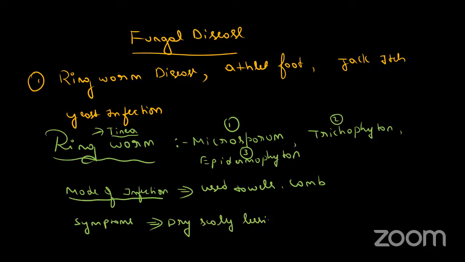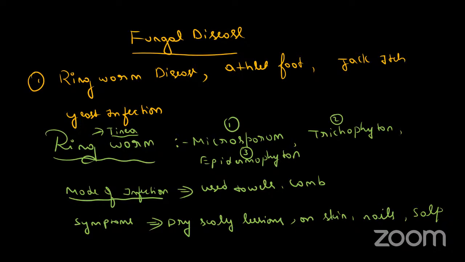Scaly lesions on the skin, nails, and scalp. Okay, so these are the symptoms: dry, scaly lesions on the skin, nails, and the scalp. Okay, this is about the fungal disease.